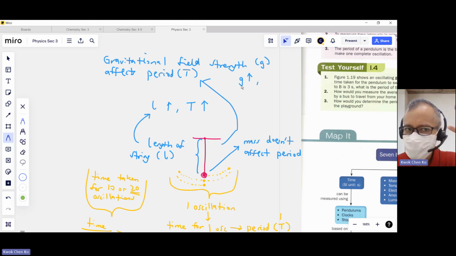Greater gravitational field strength means you're experiencing a greater weight, a greater force on the pendulum bob. So even by intuition, you should realize that your period is going to be shorter, meaning it's going to decrease. So just keep these two parameters in mind when it comes to a pendulum.